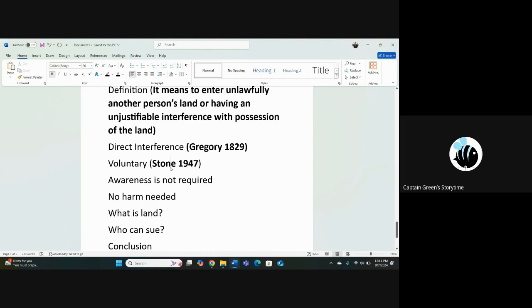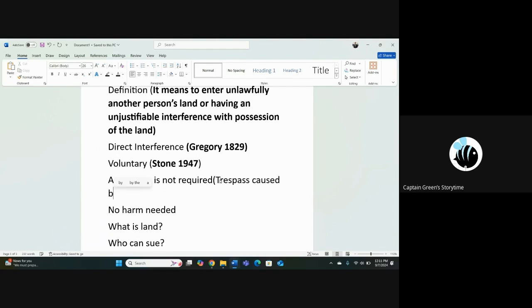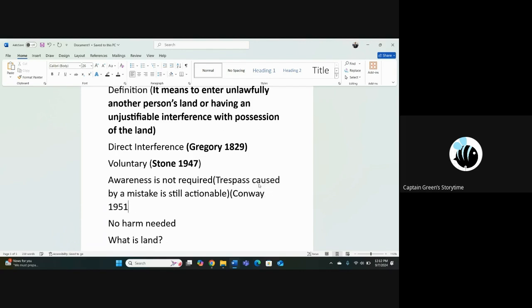Then we have the next requirement, which is that awareness of trespass is not necessary. The simple meaning of it is that trespass caused by a mistake is still actionable. You can use the cases of Conway 1951 and Beasley 1681.